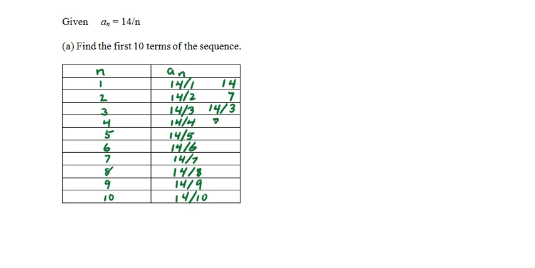We have 7 halves, 14 fifths, 14 sixths would become 7 thirds, 14 sevenths would be 2, 14 eighths would be 7 fourths, 14 ninths, and 7 fifths.